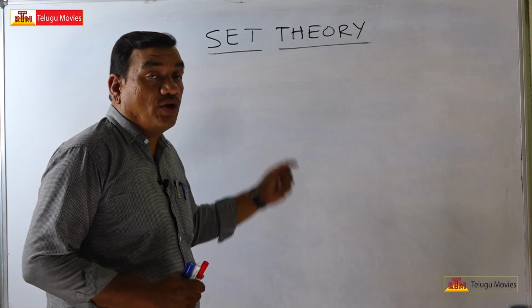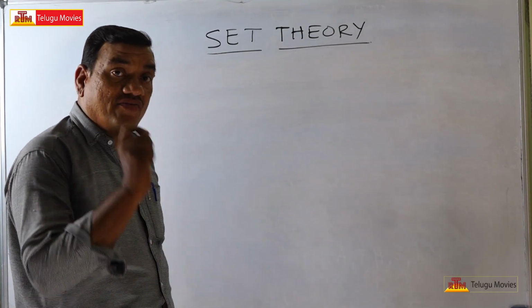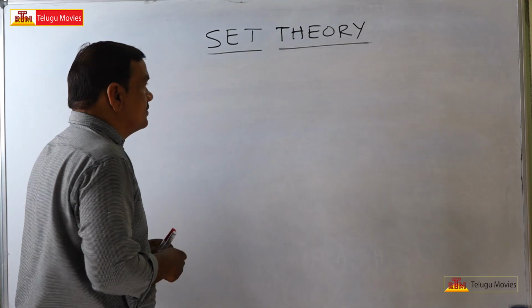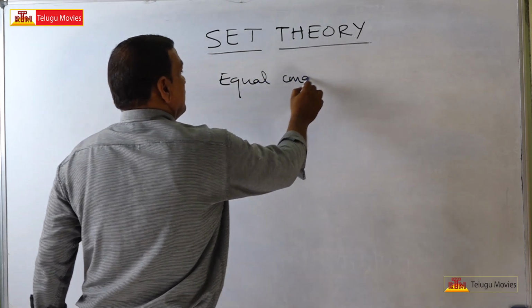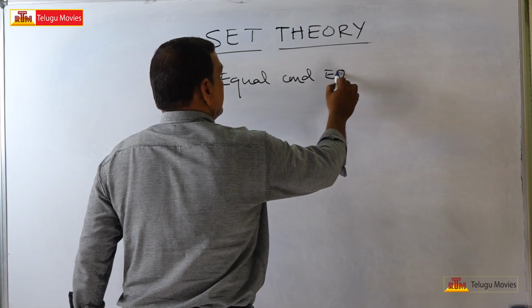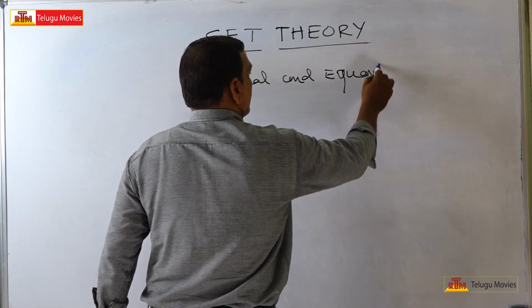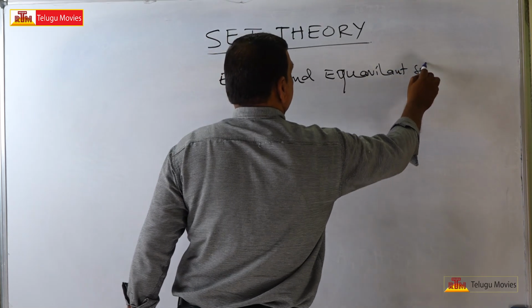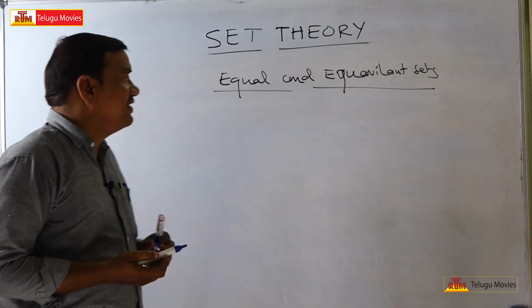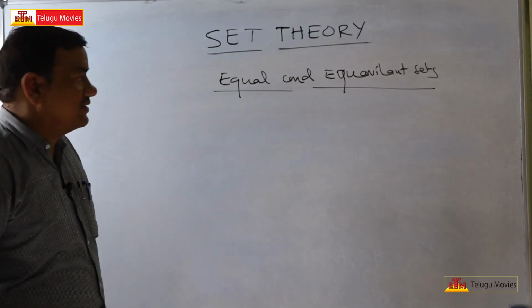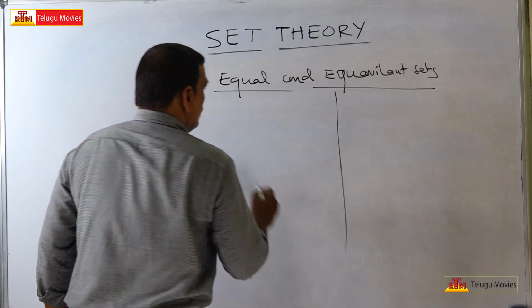Now we are going to see the concept of equal and equivalent sets. Listen carefully. There is a lot of difference between equal and equivalent sets. First, see here I am writing three sets.